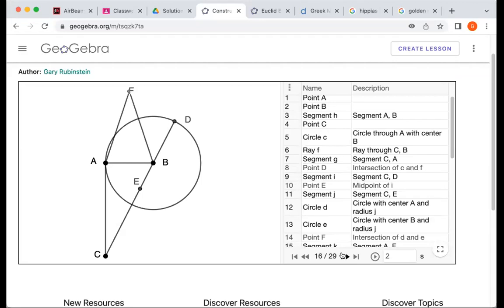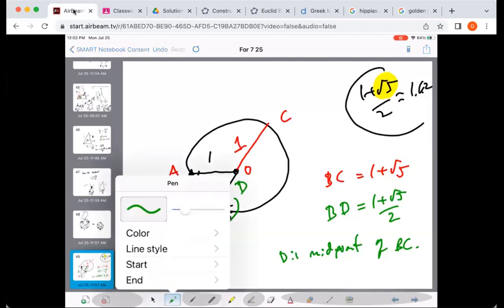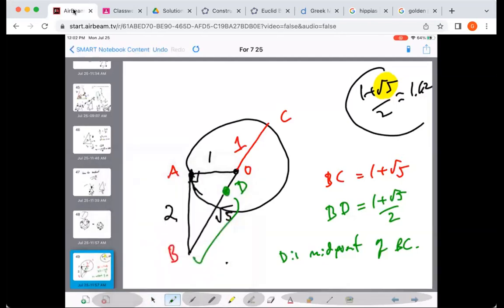So let me talk about how you would have done this. Now you open up your compass to that length. You know, I really should do this totally from scratch. This will be a lot easier for you to understand if I do that. So let me come over here. I'm opening up a new window.